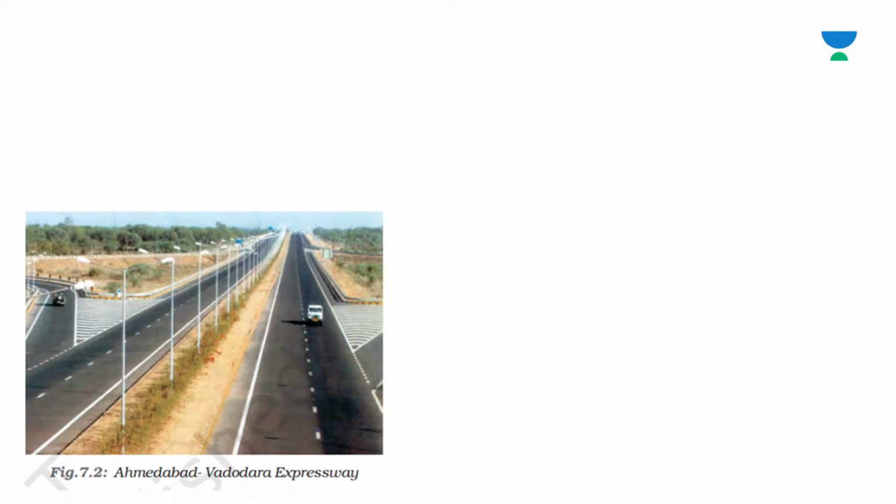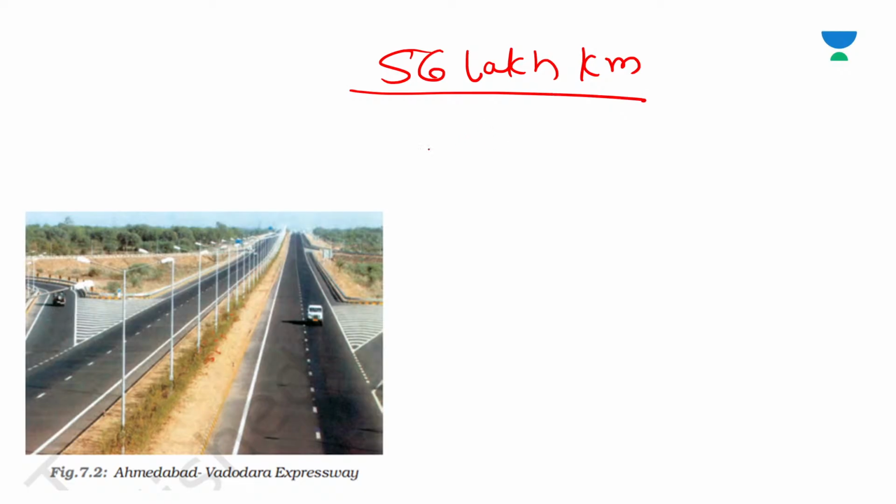In India, roadways have preceded railways. They still have an edge over railways in view of the ease with which they can be built and maintained.